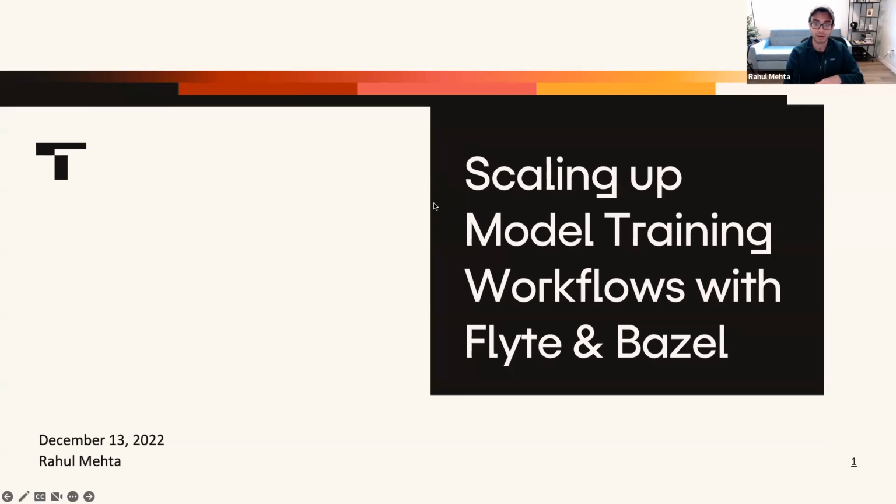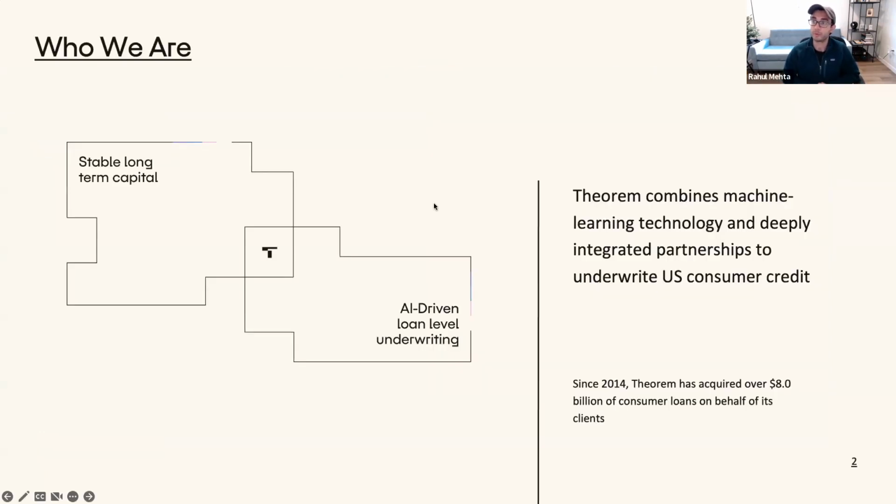But first, I'll give a brief overview of what we do at Theorem. Theorem is a technology company that sits at the nexus of consumer lending and machine learning. As a company, we have permanent capital across a couple of funds that we raise from typical kinds of investors: pension funds, endowments, things like that.